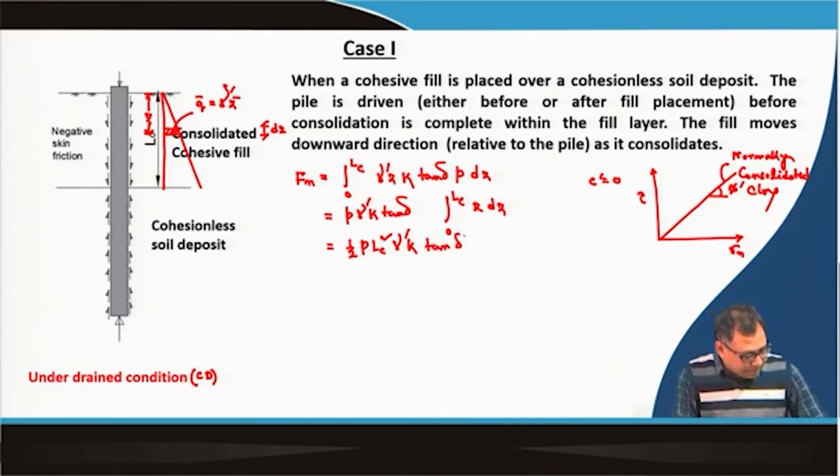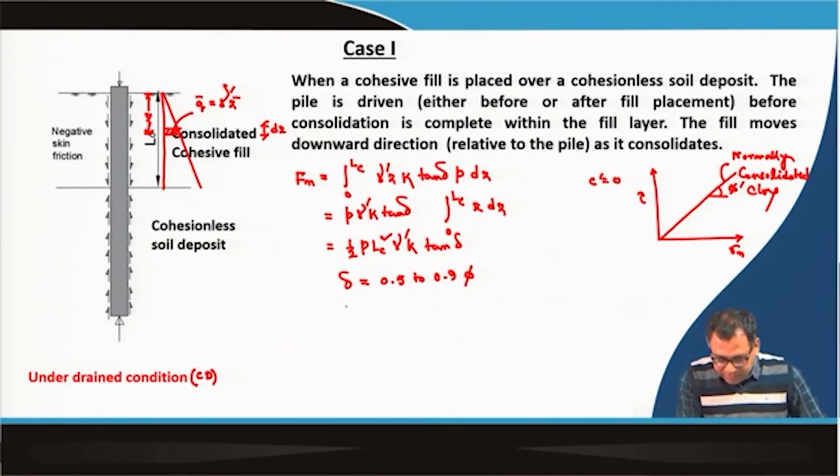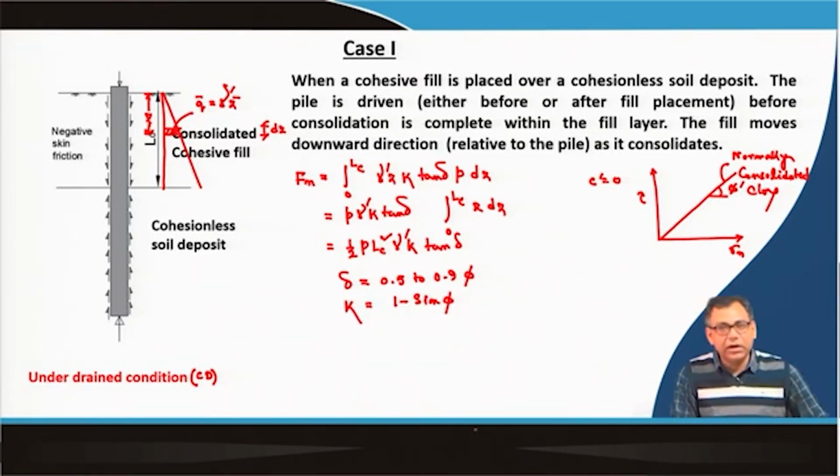Here delta is taken for this particular case as 0.5 to 0.95 phi, where phi is the friction angle of this soil or the field, and K you can take as 1 minus sin phi, which is equal to K_0.